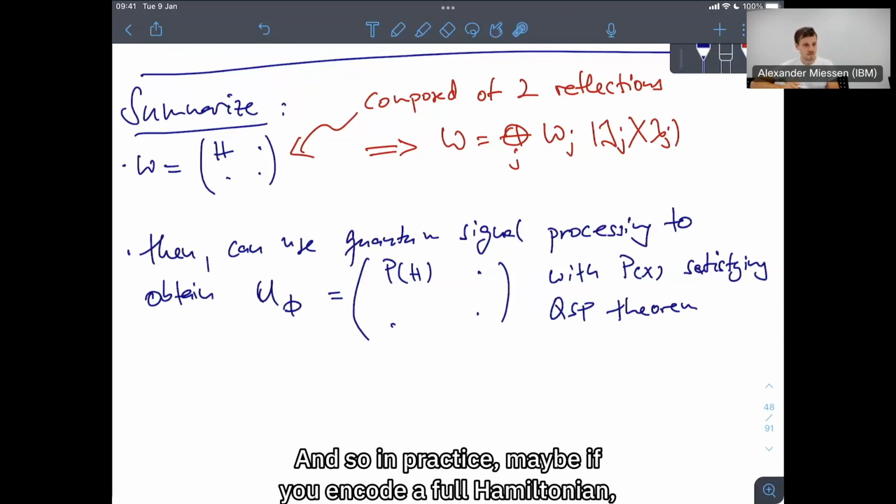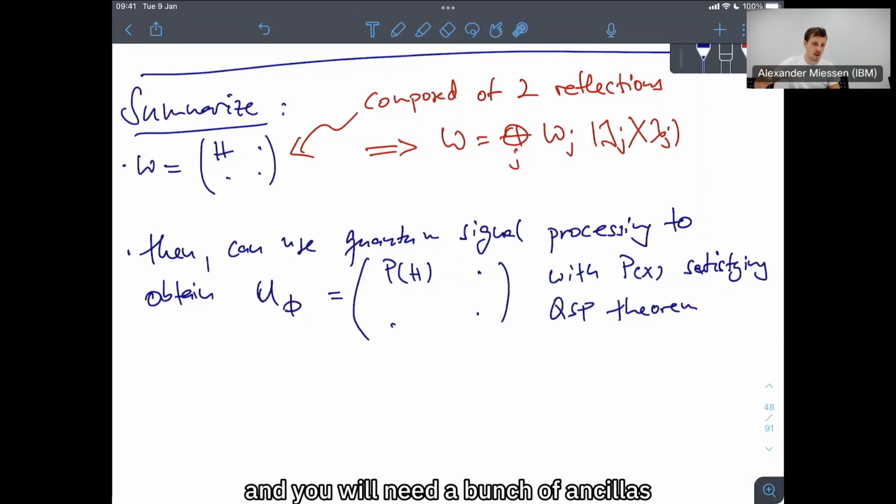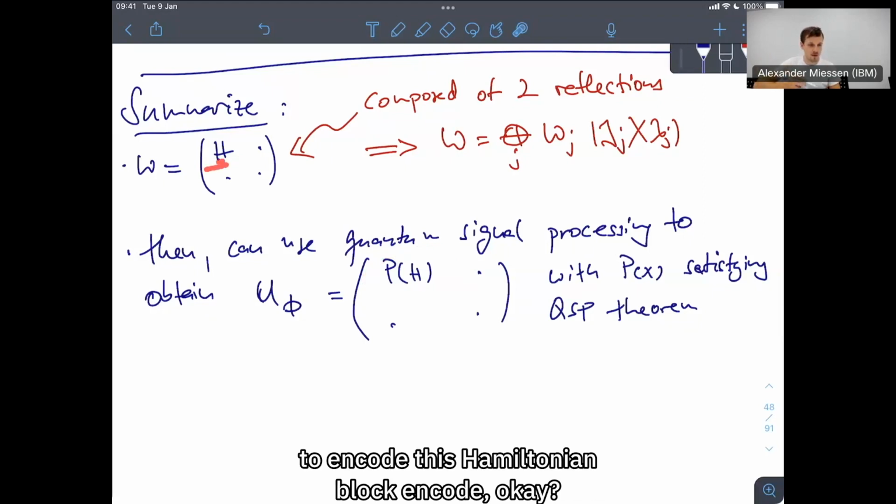In practice, if you encode a full Hamiltonian, you will need more than one ancilla, a bunch of ancillas to block encode this Hamiltonian.